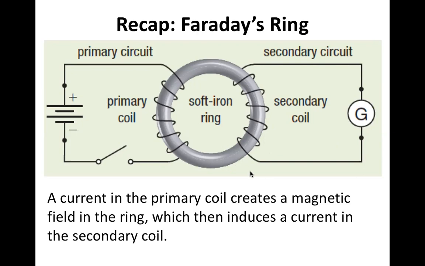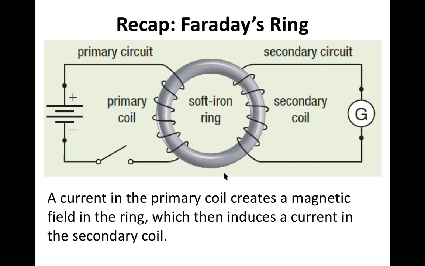And now we're going to extend this Faraday's ring to show this interesting idea of changing the electrical properties of the secondary circuit compared to what you start with. So we might be able to start with a 9-volt battery and end up with 18 volts on this side.